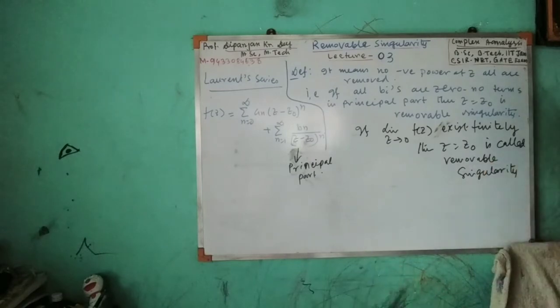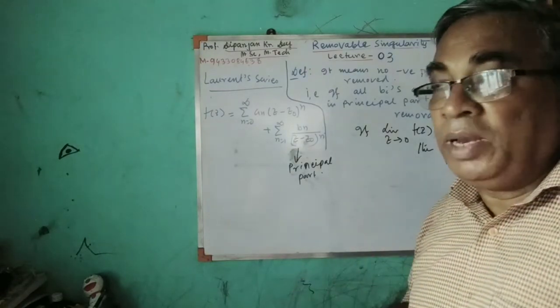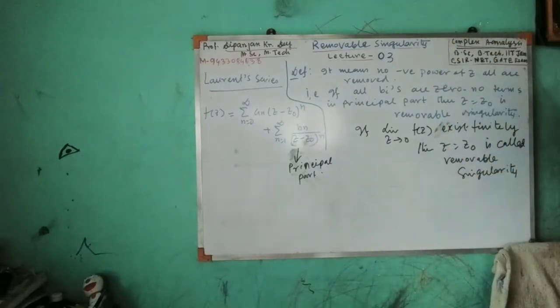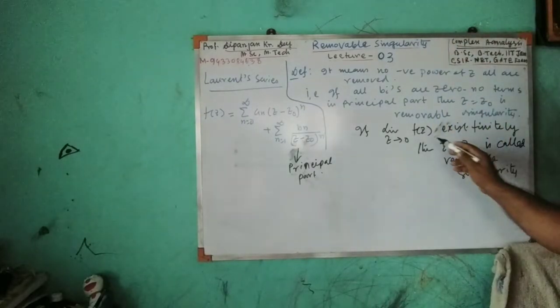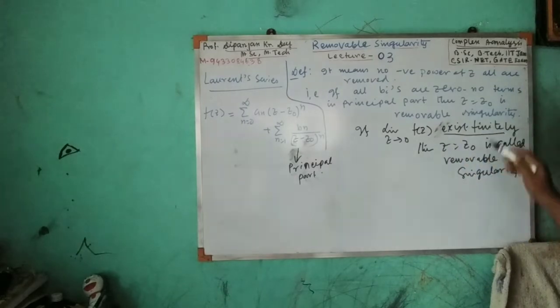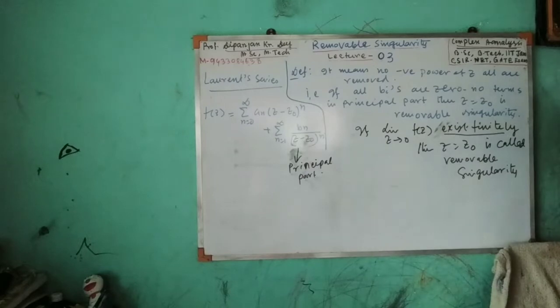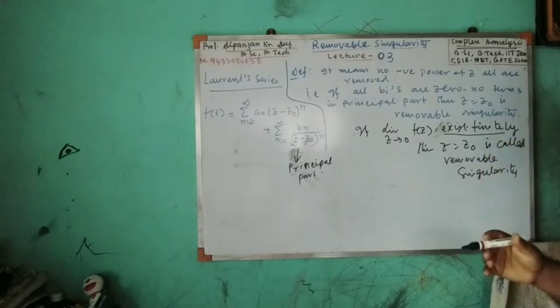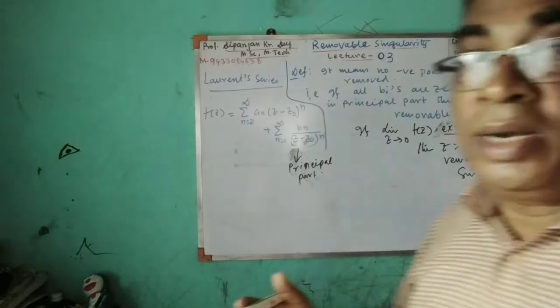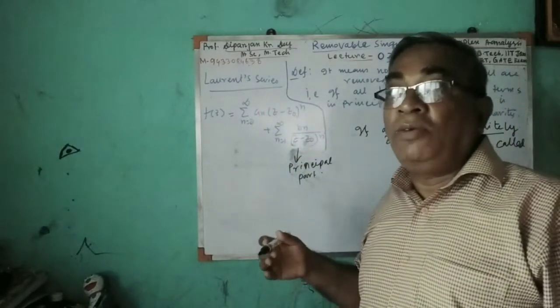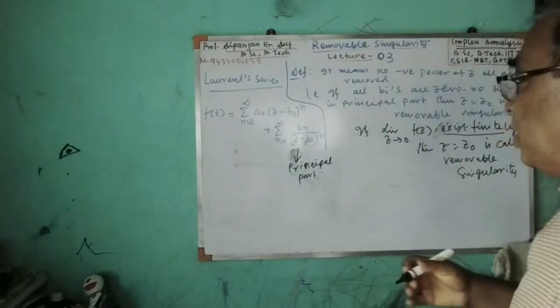That means when a function is given, if we find the limit as z tends to z0 and f(z) exists finitely, meaning we get a finite value, no infinite value, then we can say it is a removable singularity.